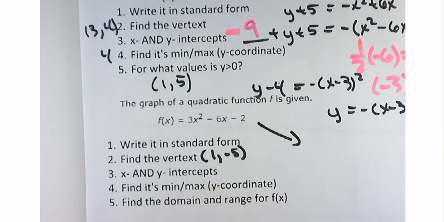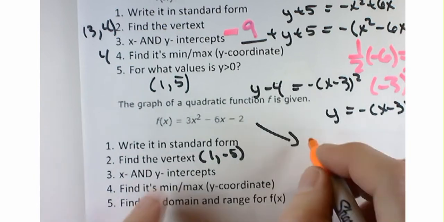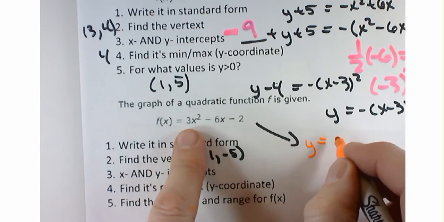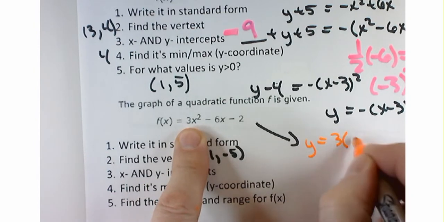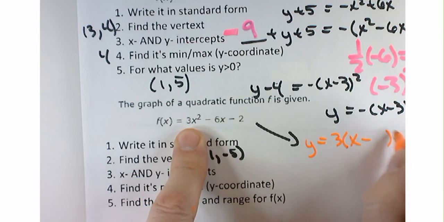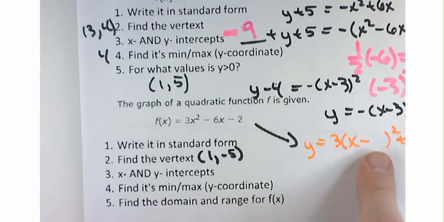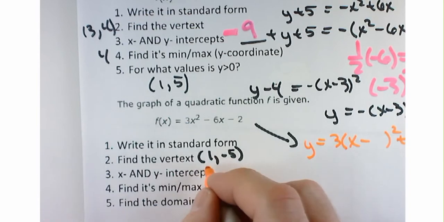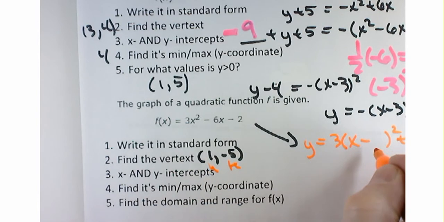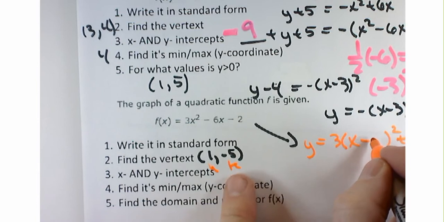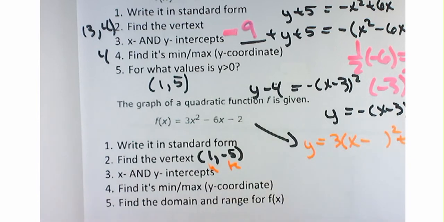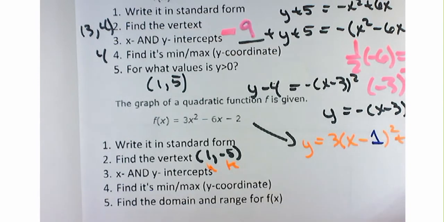That's going to allow me to put it in standard form. It's going to be y equals a, which is 3, times x minus h squared plus k. Here's h, here's k, so I'll put in a 1 here and a negative 5 here.